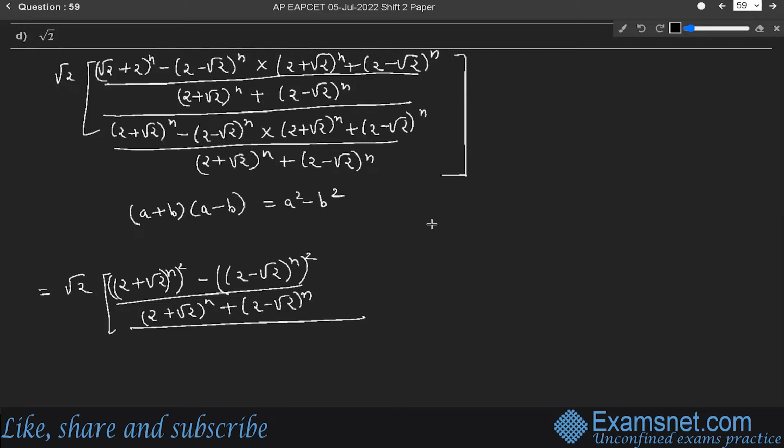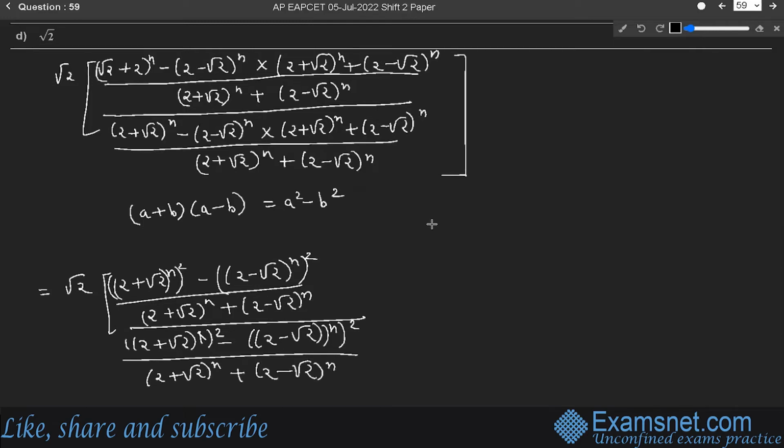Again, the denominator part will be ((2 plus root 2) power n whole square minus (2 minus root 2) power n whole square) divided by ((2 plus root 2) power n plus (2 minus root 2) power n).